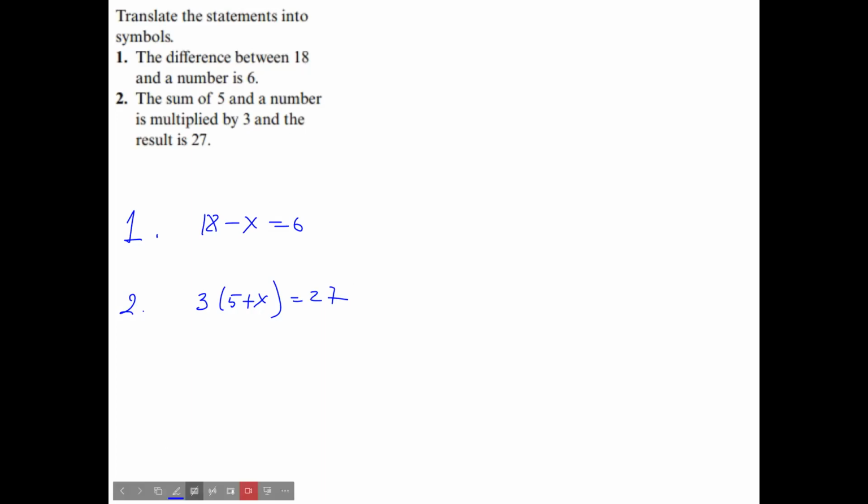So what I see here, I see the sum is multiplied, right? So it means I have to add first and then do multiplication. Make sense? So how do we do that? We use parentheses.